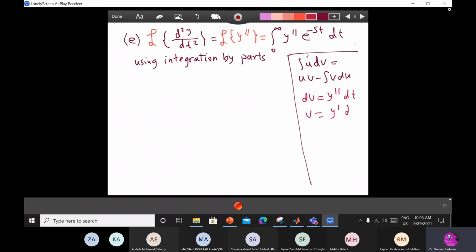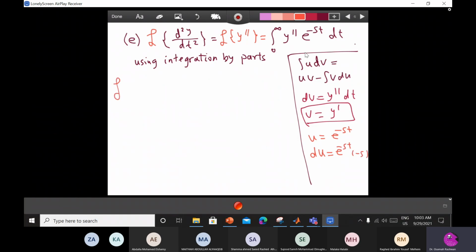It's exactly like when you integrate the acceleration to give you the velocity. Okay, fine. This is v. Now, what is u? u will be e to the minus st. So du is e to the minus st multiplied by minus s.